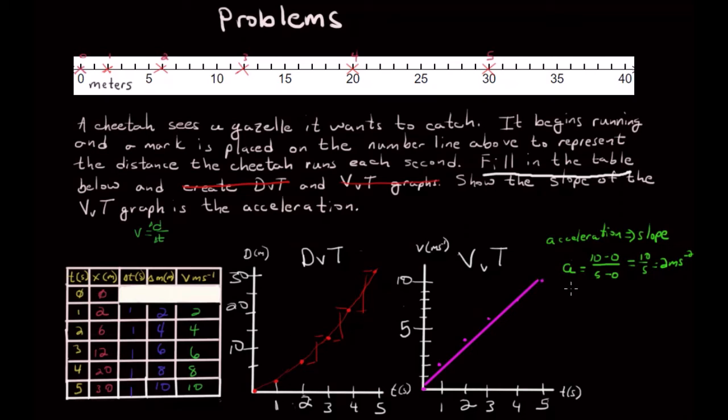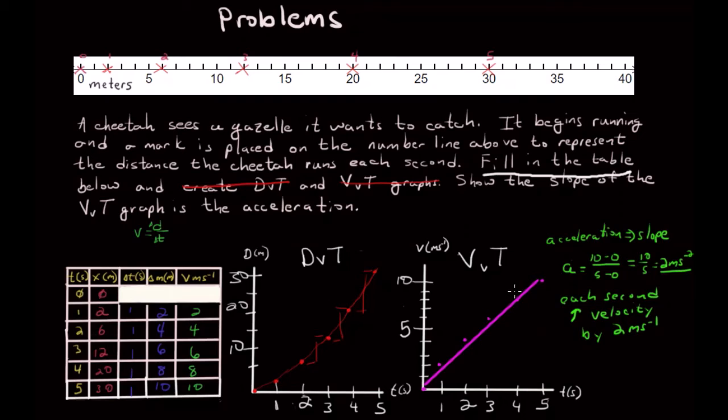And so each second we're increasing velocity by 2 meters per second. Each second, 2 meters per second per second. So that gives us the 2 meters per second squared.